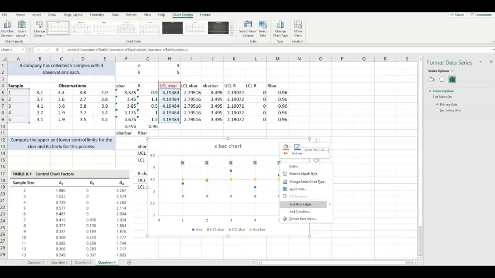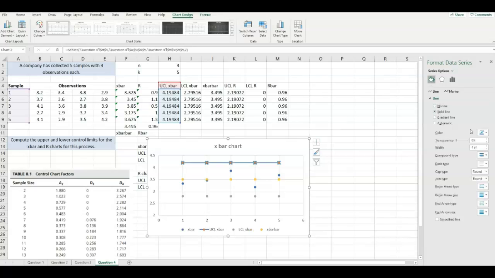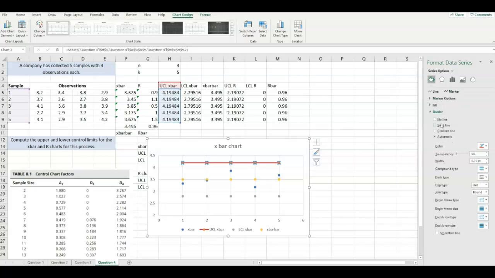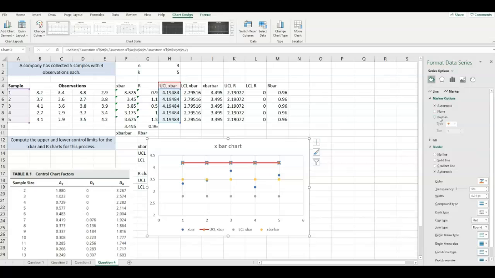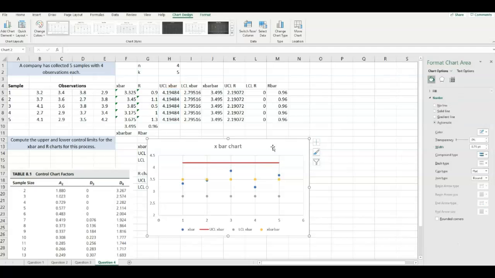And we are going to want to format the data series, come over to the line, and say that we want a solid line. So let's make that just a solid red line. Then we also want to eliminate all of the markers, all of the individual data spots. So in that way, our upper control limit is just a straight line across.